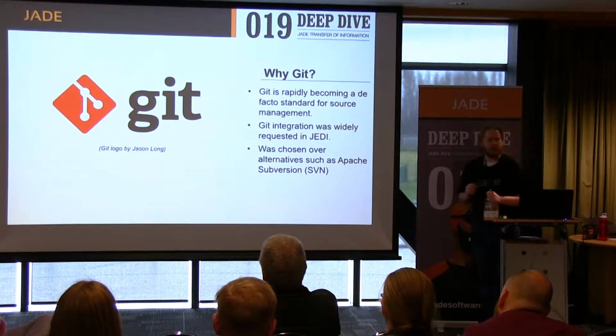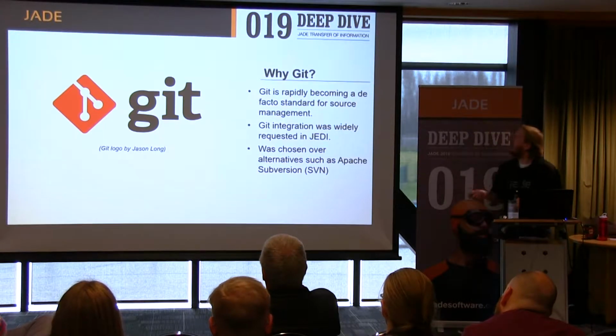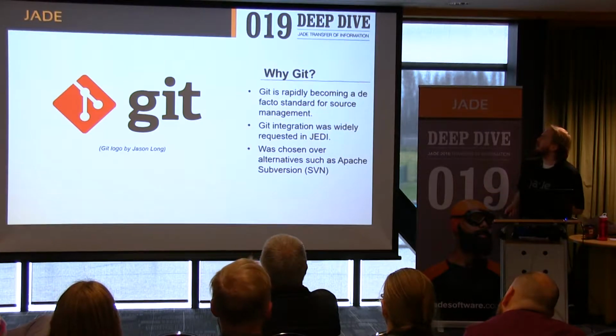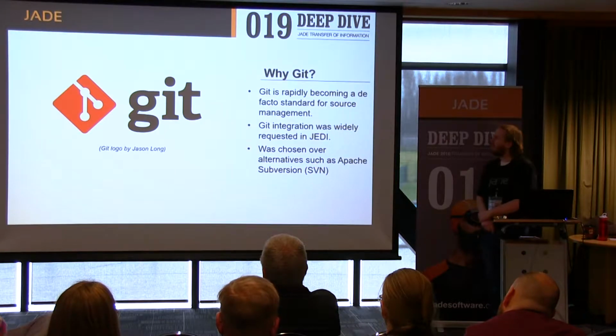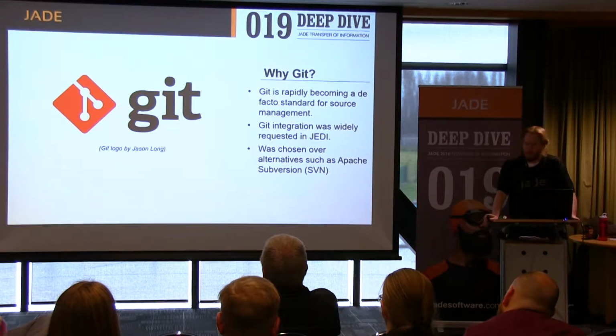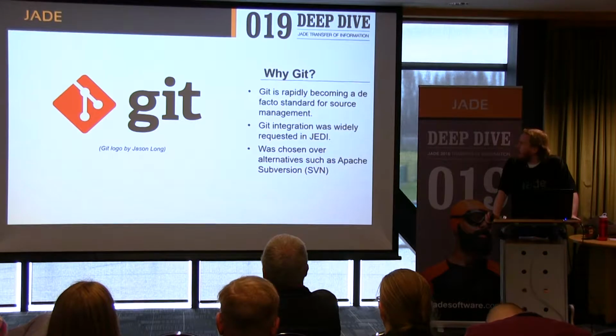So, why did we choose Git? First of all, Git is really quite rapidly becoming a de facto standard. I believe it's about 50% of the market share now. A lot of usage. Next thing is, it was by far the most requested.